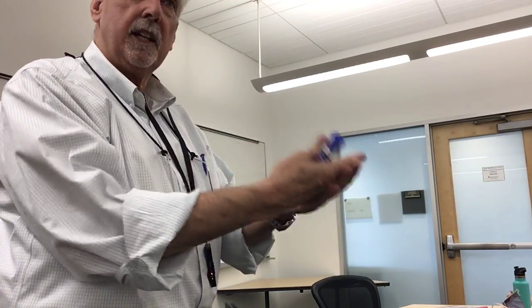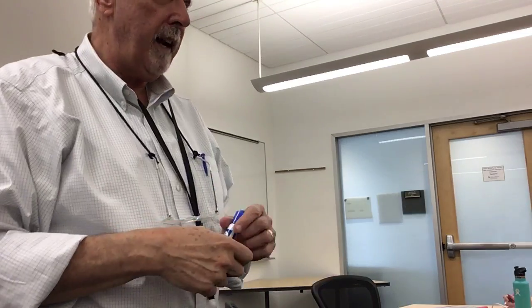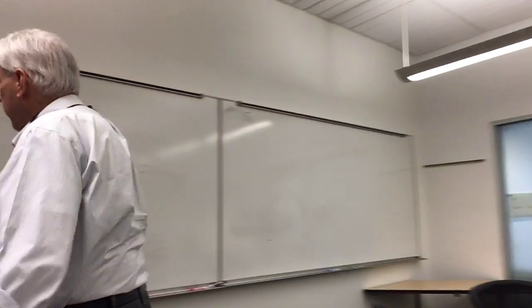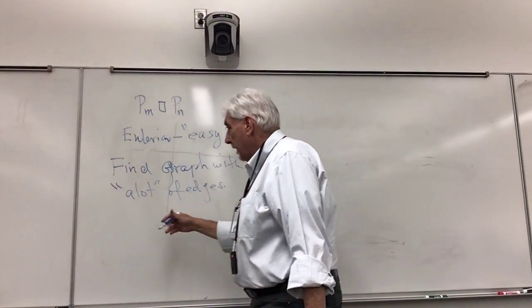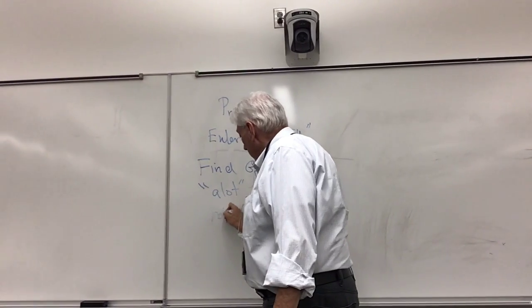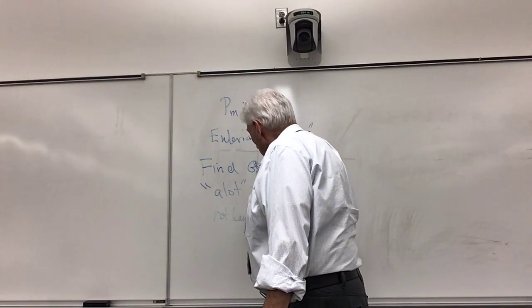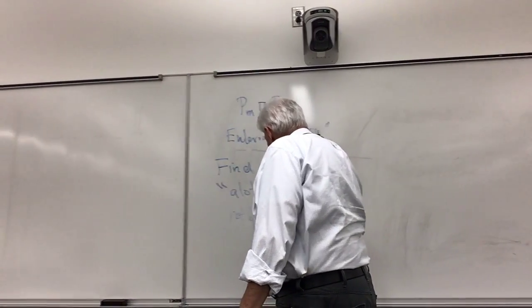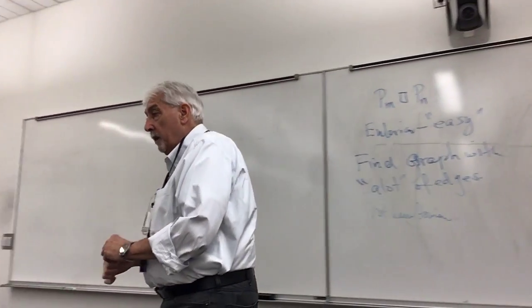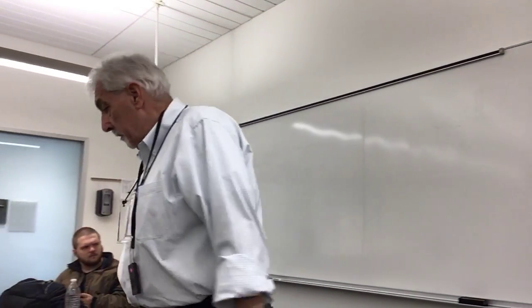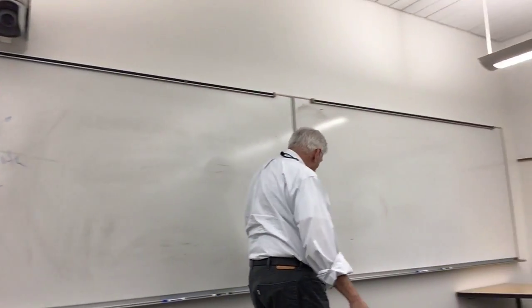Keep on putting edges in, eventually you'll be able to get all the way around. So can you find a graph with a lot of edges that's not Hamiltonian? Take a minute. Of course, I'm not telling you what I mean by a lot.